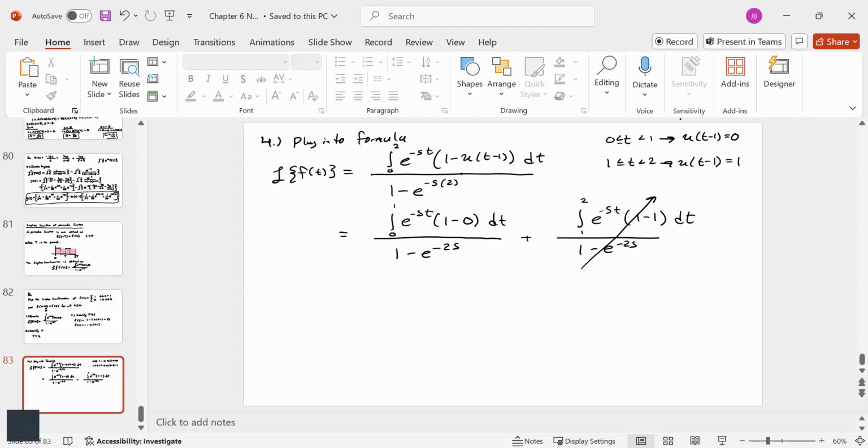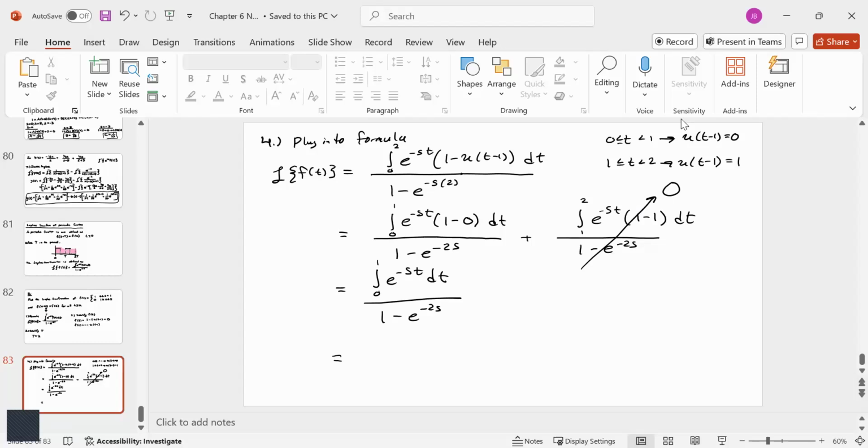This whole thing becomes 0 because the integral of 0 is 0 for a definite integral. And so what I end up getting is the integral from 0 to 1 of e to the negative st dt, which is not a very complicated integral. It's one we've done before, to some degree.